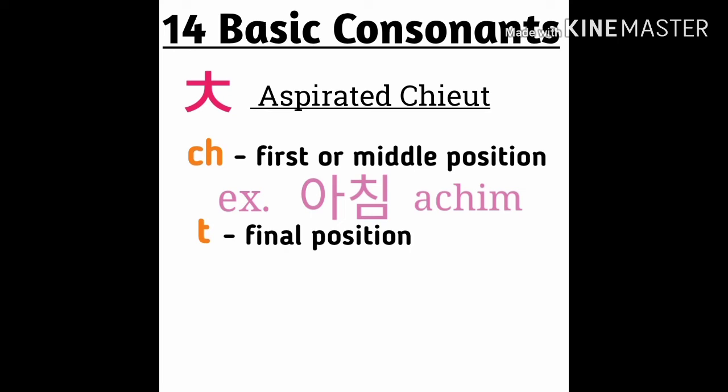Another rule is, if the aspirated chiut is in the final position, the sound value is t, letter T. For example, the aspirated chiut is in the final or last position, so the sound value will be t. We will read this word as myot.